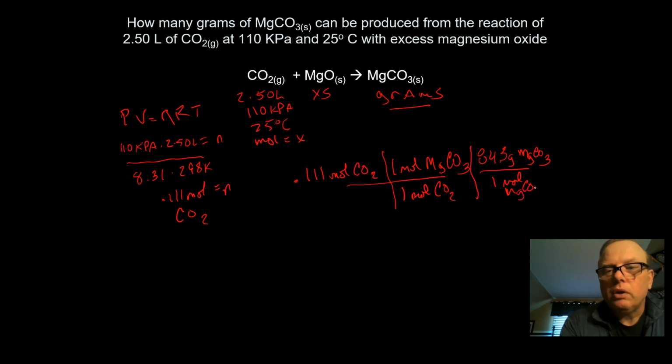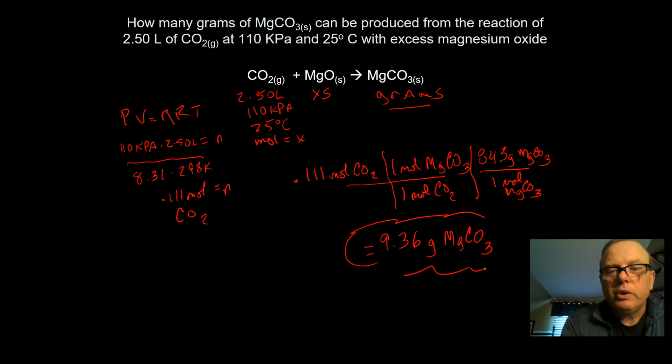And this will get me an answer here. I got a value of 9.36 grams of magnesium carbonate. That is how much we will end up being able to produce from that gas with the excess.